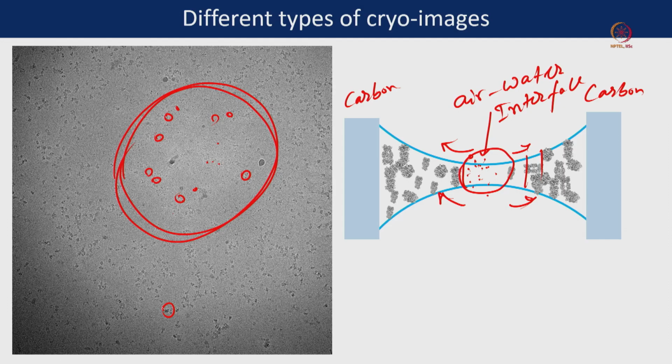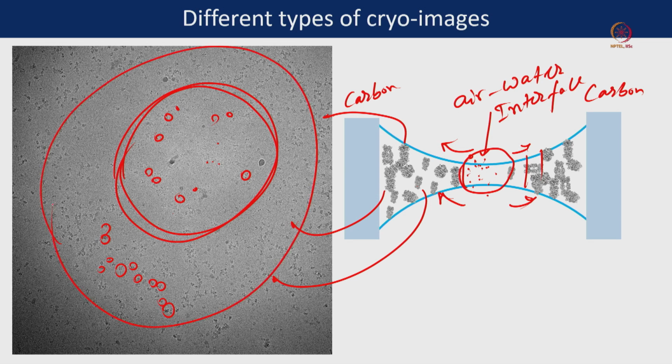Most of the protein moves toward the intermediate region, and you can see it in this zone. So in the center you can see an empty area, and the protein is just distributed within this range. And this is again the thick ice region.